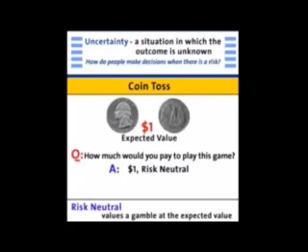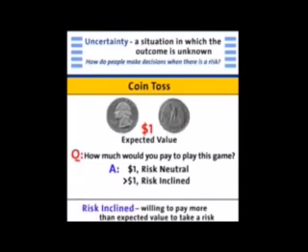If your willingness to pay is greater than the expected value, we say that you are risk-inclined or risk-loving. These are people who are willing to pay more than the expected value to take a risk. These are people who are excited about the prospect of winning and value that more than the possibility of the loss.